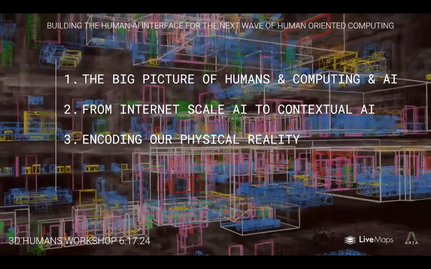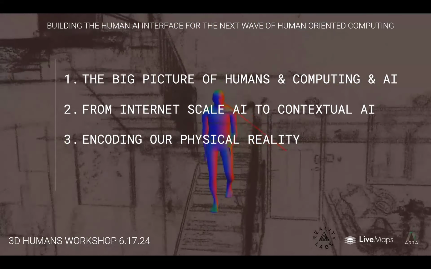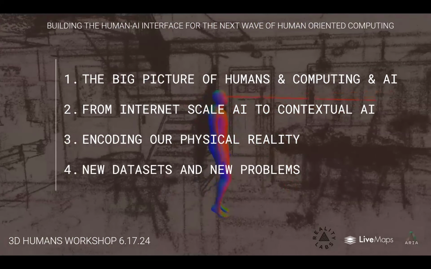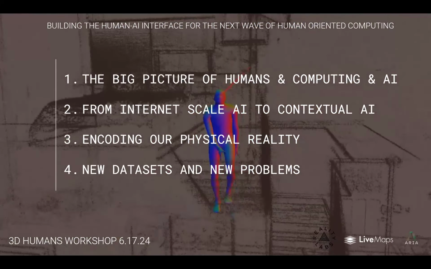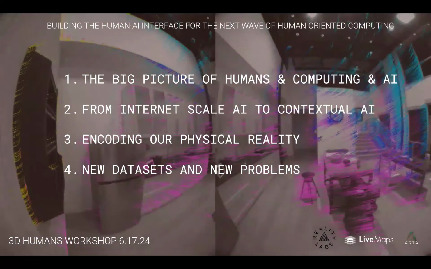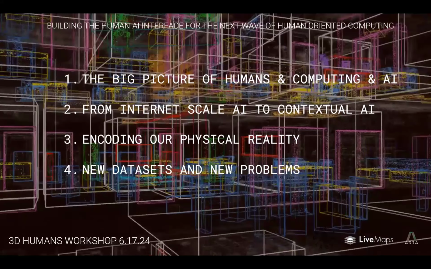I'll talk about how we're probably going to encode that so that AI can get access to your 3D human reality. And although Chris has already given us a quick overview of data sets, I'll go over some more problems we're looking at together with the new data sets. Okay, let's kick it off.